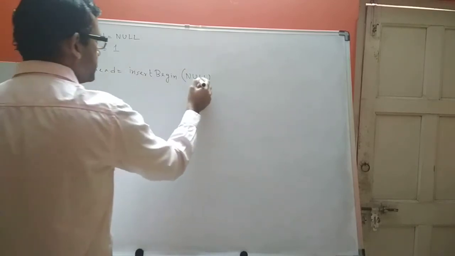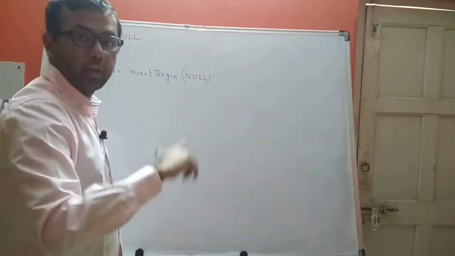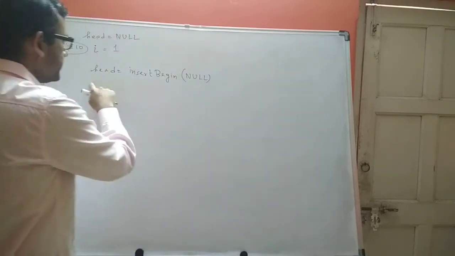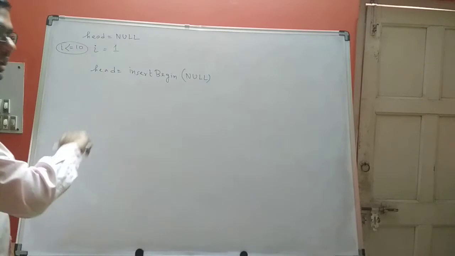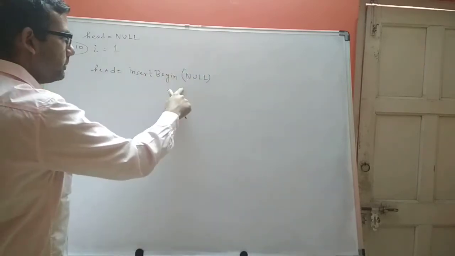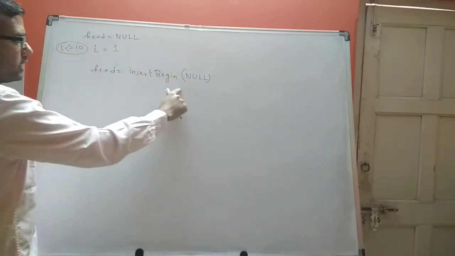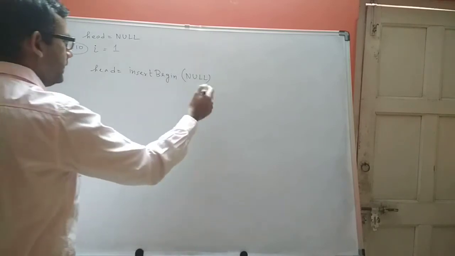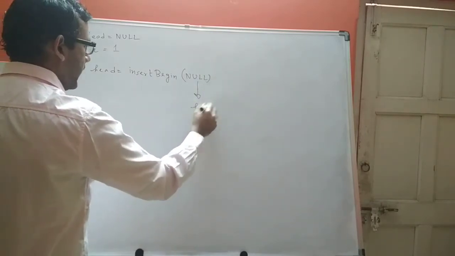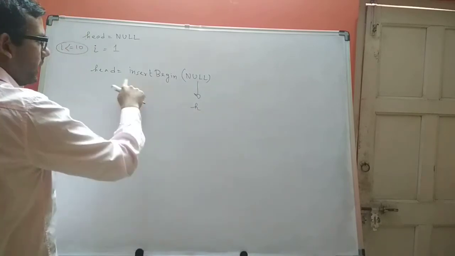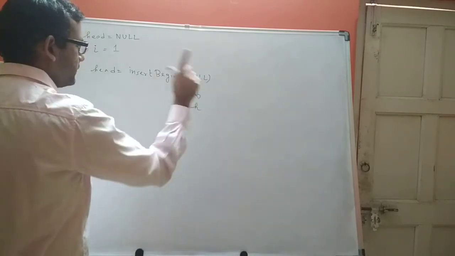If you look at the function definition, this statement will cause the control to be transferred to the function definition of insert begin. There I find that this null value is copied to h. So my h in the insert begin function currently has a value of null.